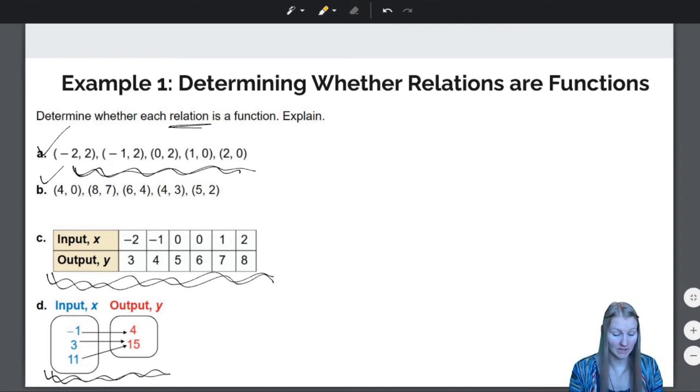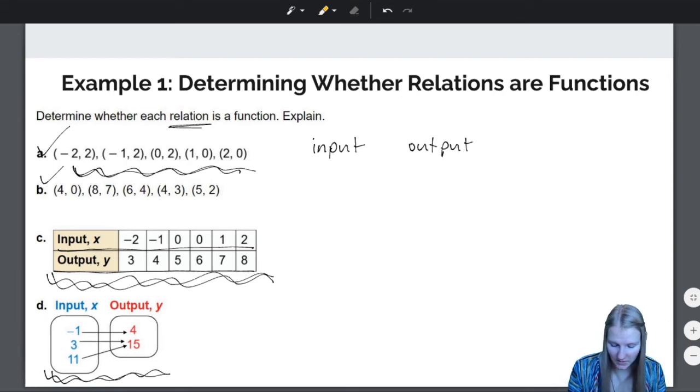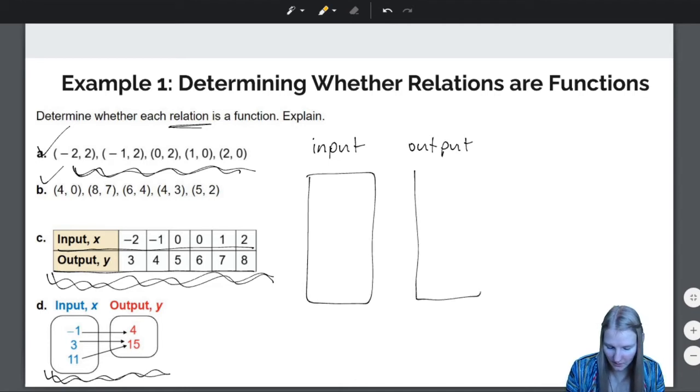Okay, so let's look at part C. Now, they already have input X, output Y. They already have it there for us. But for some of you, it might be easier to see this in the box format that we've talked about.